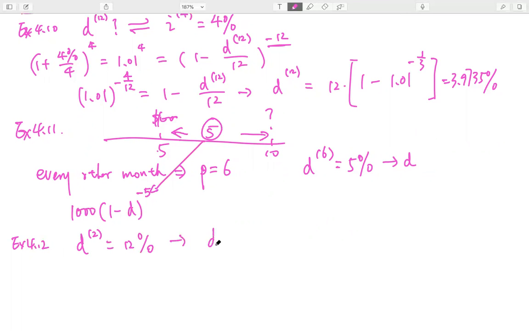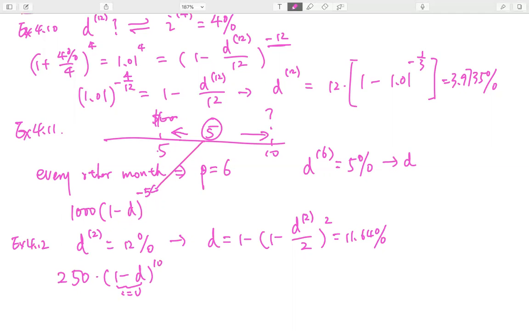So from here, you can easily get d, right? d is nothing but 1 minus (d upper 2 divided by 2) squared. So you get d, which is about 11.64%. What I need is the present value of $250 times this 1 minus d, which is v, right? And the 250 is paid at 10, so I need to discount back by 10 years. Then it gives the result.